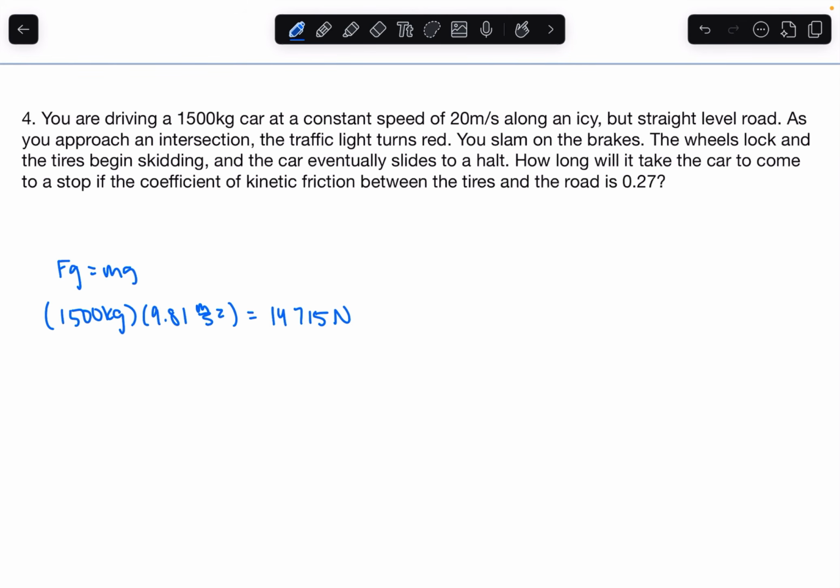Also, keep in mind it says that the car is on a straight level road at constant velocity. So that means in this situation, Fg is equal to Fn, because Fn and Fg are equal to each other when the object is at equilibrium on a horizontal flat surface, and that applies to this case. Now that we know that Fg equals Fn, we can use the equation Ff equals mu Fn to solve for Ff, because now we have Fn.